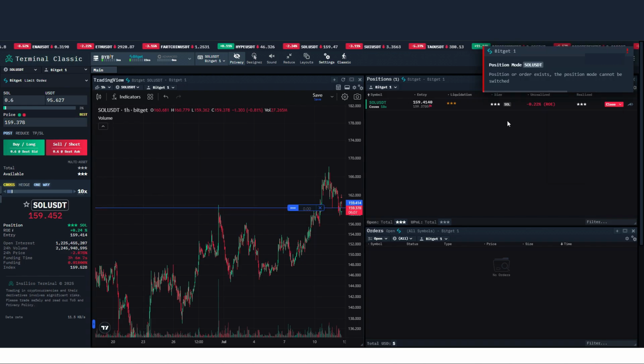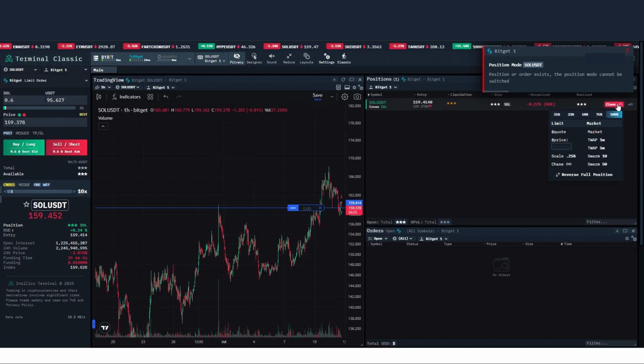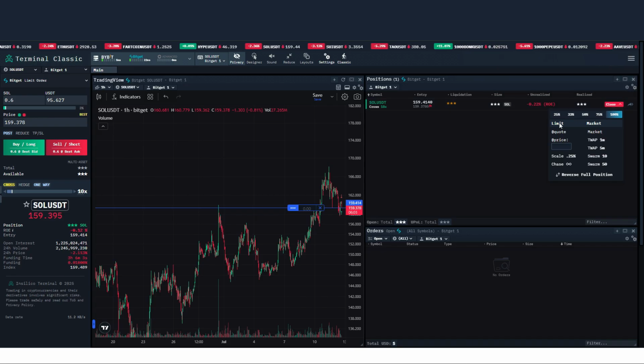Actually, let me turn hedge mode on. Oops, I can't because this is, well, whatever. Let me just do this quickly. Another thing that I love using, similar to at quote, is the chase order. The chase order is essentially a limit close, but it just finds the best price.